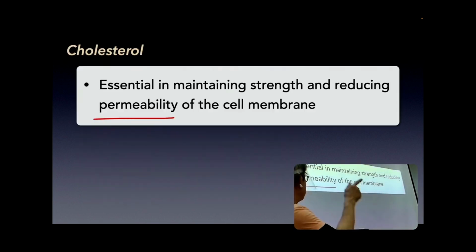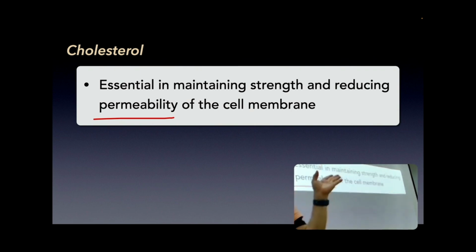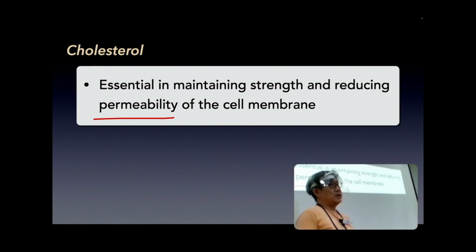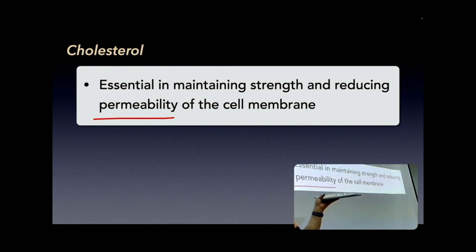Essentially, if you have more cholesterol, you reduce the permeability of the cell membrane. If you have less cholesterol on the cell membrane, you're allowing generally more material to pass easily through. So by doing so, you can control how much of that material I will allow.